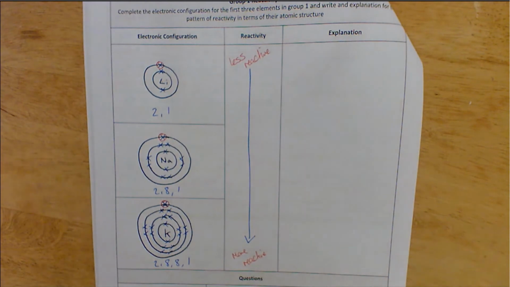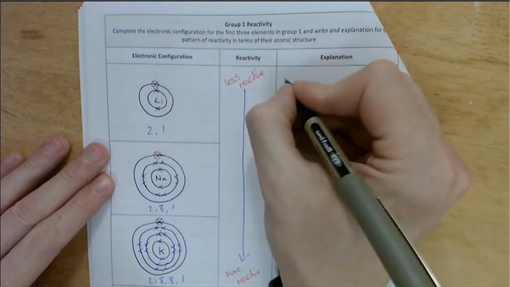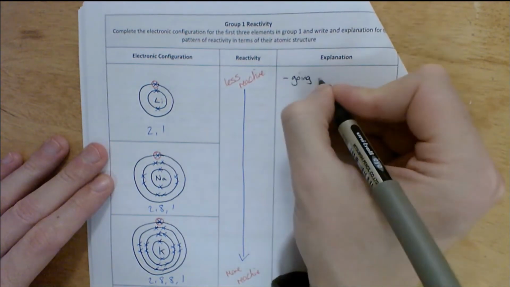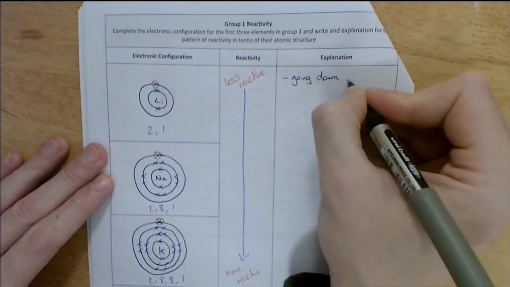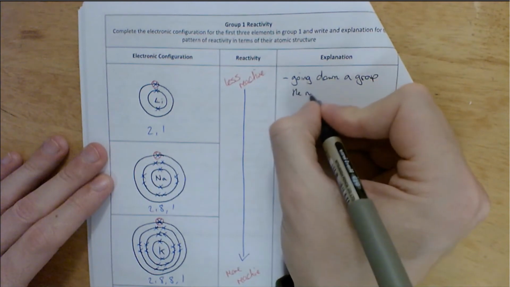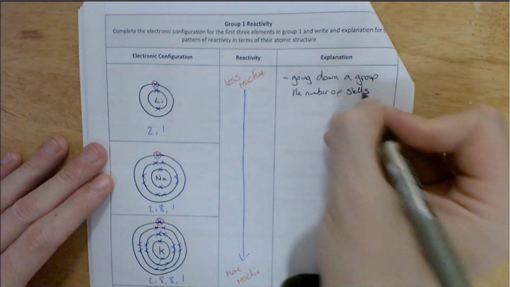So, our explanation, I'm going to write it in two different colours, and I'll make a point of why in a minute. So, the first thing you need to consider, going down a group, the number of shells increases.